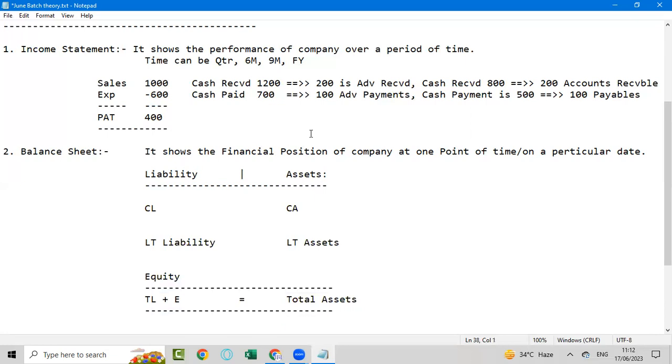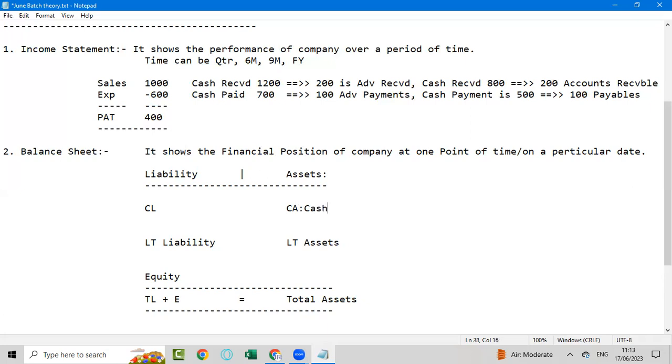Clear? So on a particular date, how much assets were there in the company and how much liability was there in the company. This is what the balance sheet shows. Balance sheet shows on a particular date how much was the liability, how much was the asset. Clear?